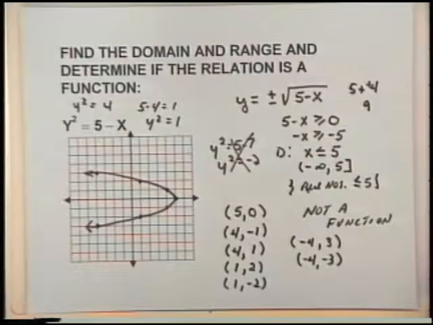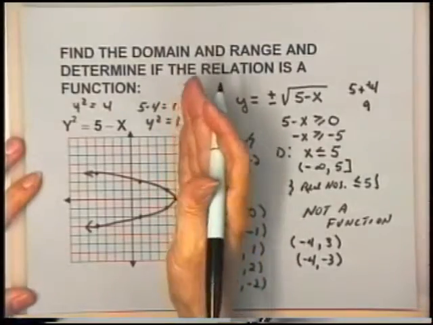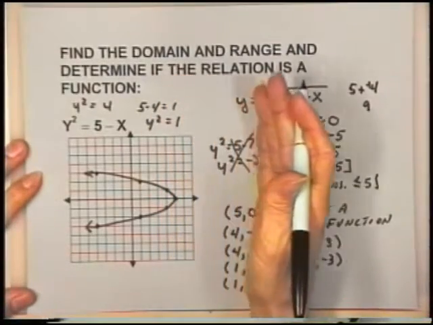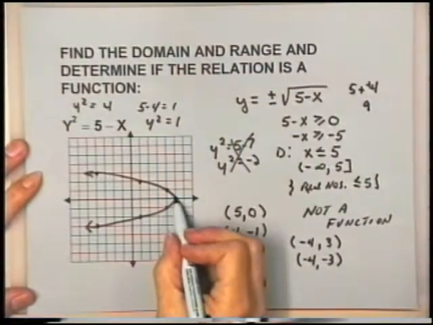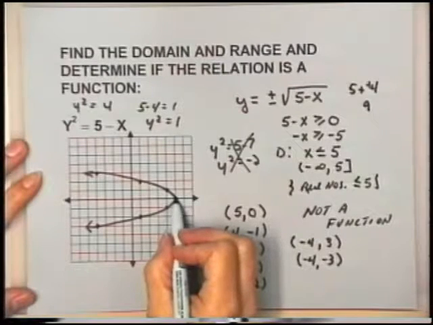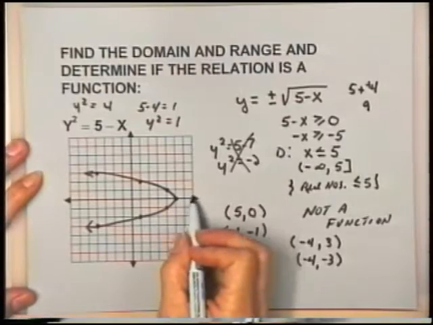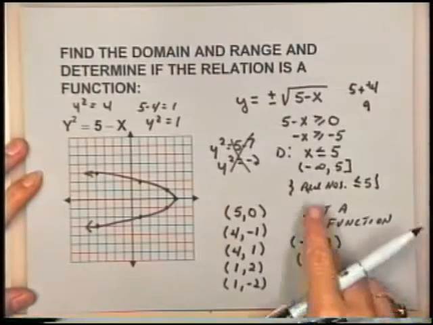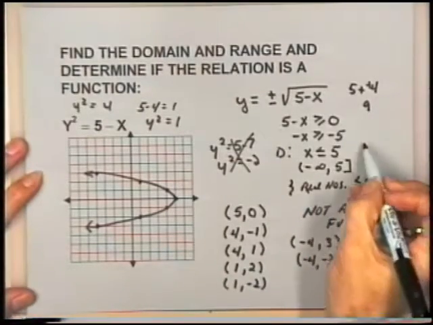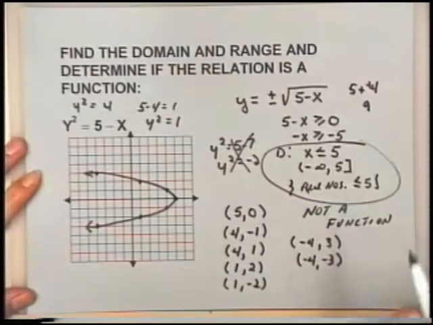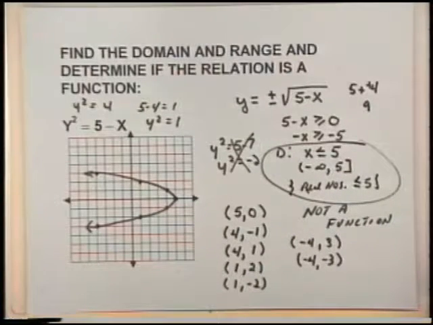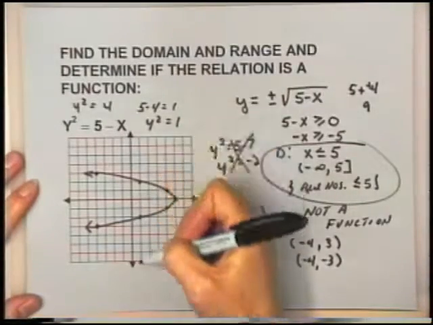Now, notice on your graph, there is going to be no graph to the right of this x value of 5. So our domain certainly does not include any x values to the right of 5. So we were correct by saying that our domain must be any real numbers less than or equal to 5. What about our range?